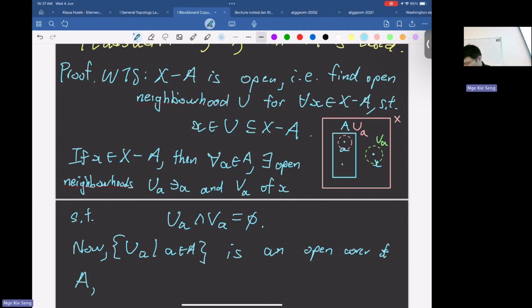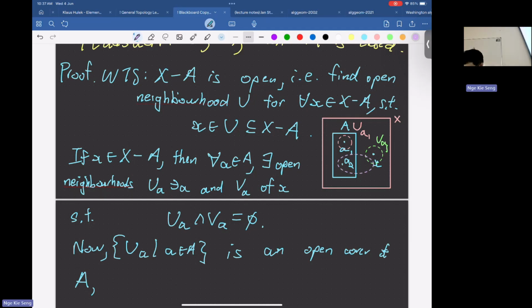Meaning let's say we call this a1. Then we have U_a1 and V_a1 here. And then maybe we have an a2 here. Similarly, let's draw this a little bit bigger. Maybe this a2 will touch this V_a1 here, so that you will see what needs to happen.